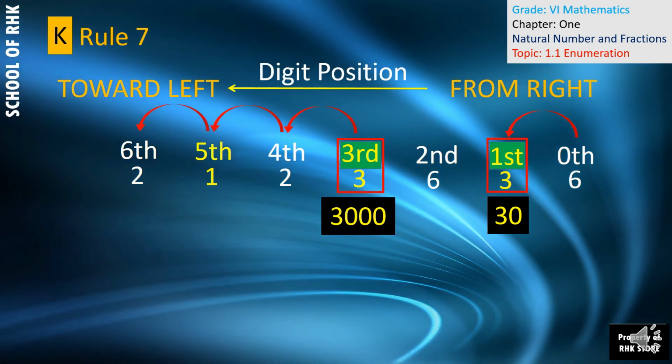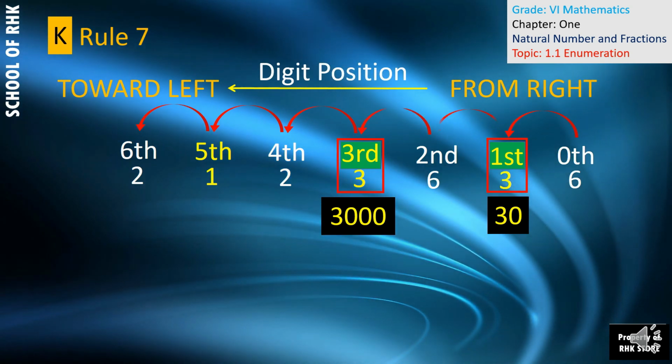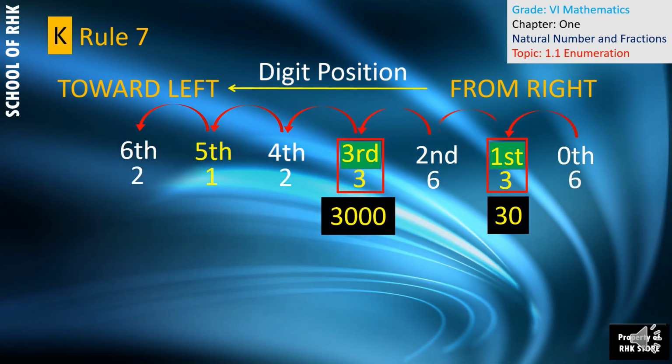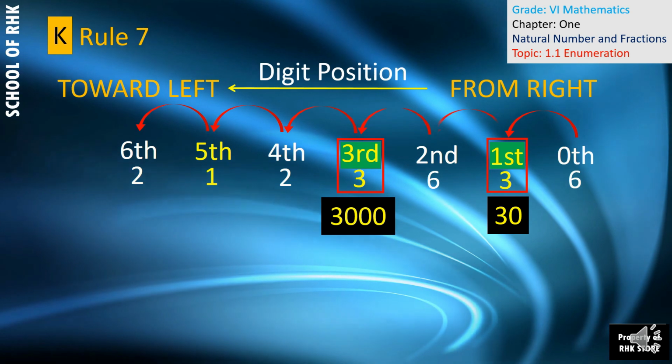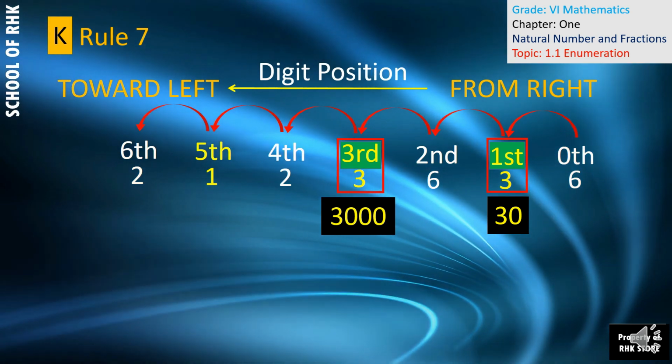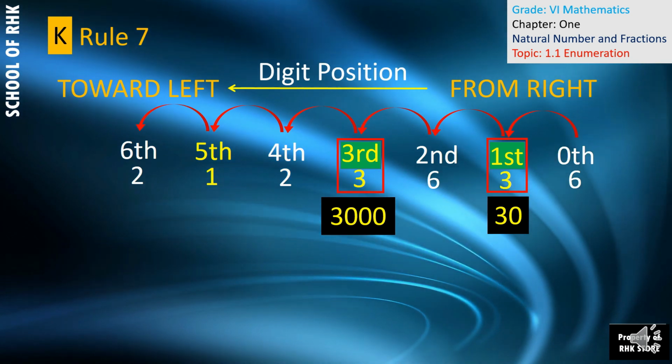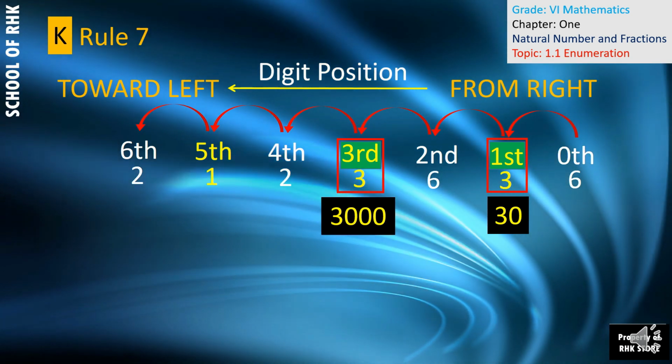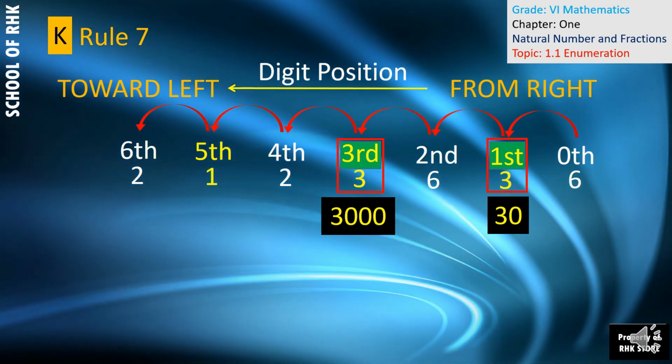As the position has shifted twice here for the digit 3, from the first to third position, it has increased its value by 2 times 10.